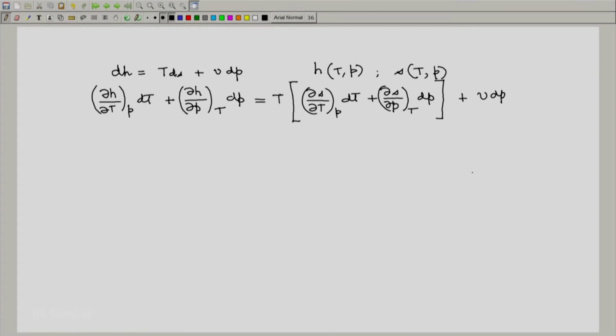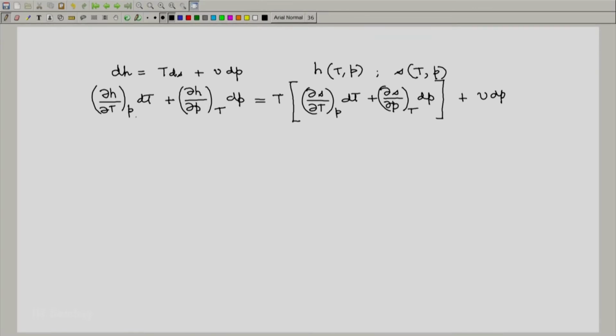Now since P and T are independent variables, the coefficient of dT on the left hand side and right hand side must be equal, and the coefficient of dP on the left hand side and the right hand side must also be equal.